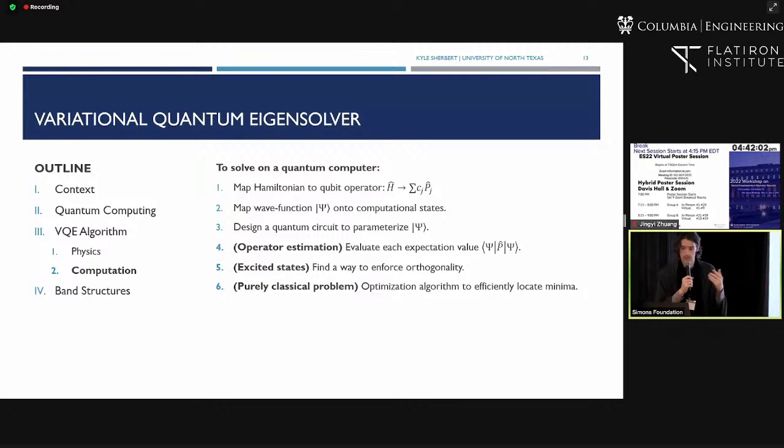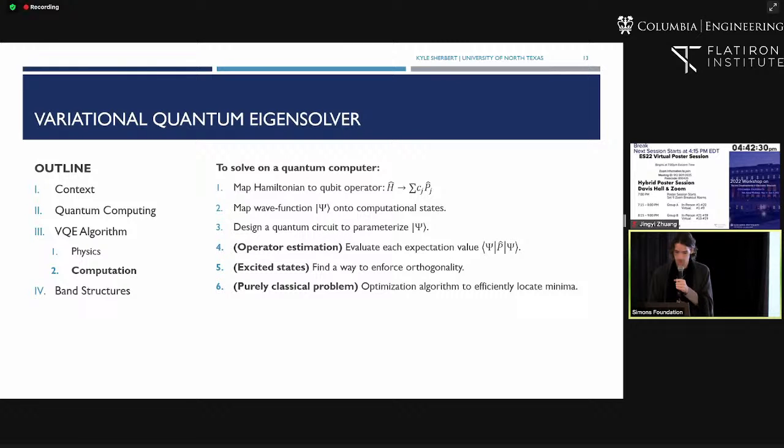And there's a few other things also: the actual details of how to calculate the expectation value, how to enforce orthogonality in your quantum circuit, and an intelligent way of actually deciding how to vary the parameters so that you are efficiently finding the minimum. I'm not going to go into those in any more detail, but beware that all 3 of those are their own huge fields of the quantum computing literature today.